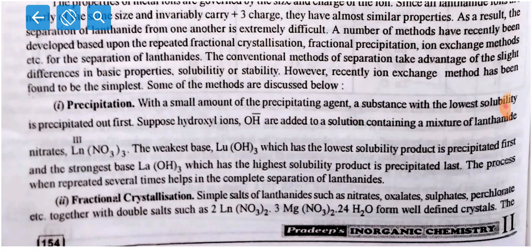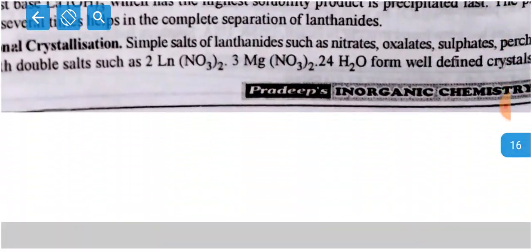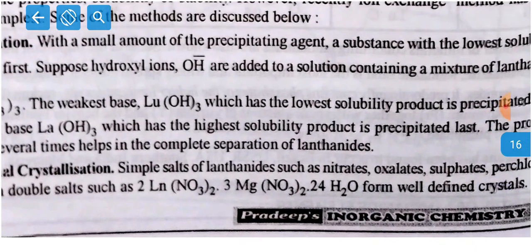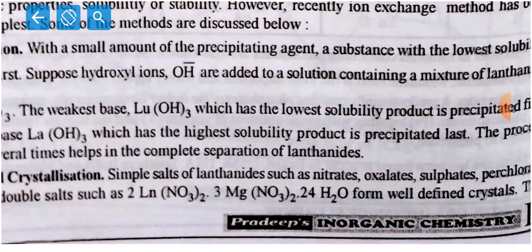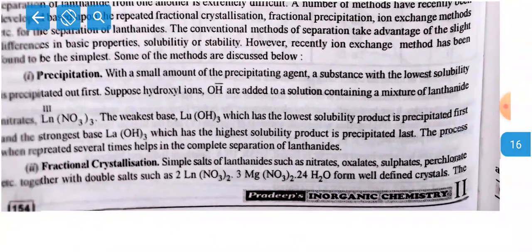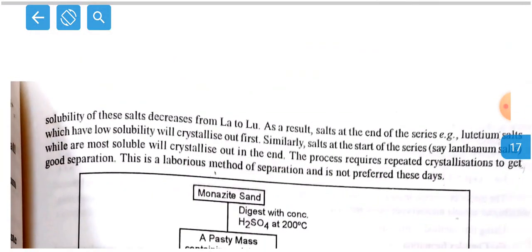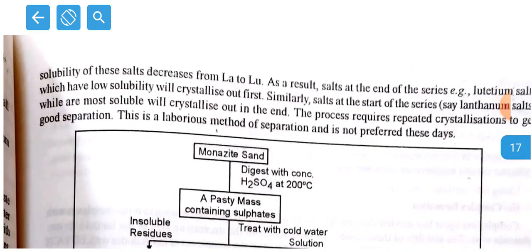Second is fractional crystallization. Simple salts of lanthanoids such as nitrate, oxalate, sulfate, perchlorate, etc., together with double salts such as 2Ln(NO3)3·3Mg(NO3)2·24H2O form well-defined crystals. The solubility of these salts decreases from lanthanum to lutetium.